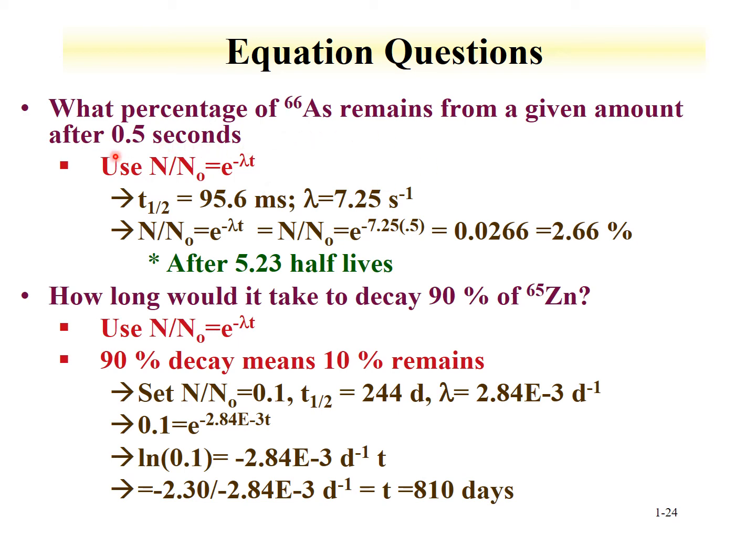So half a second, get my decay constant. The half-life of this isotope is 95.6 milliseconds. Convert that to seconds. My decay constant is 7.25 inverse seconds. E to the minus 7.25 times half a second is equal to 0.0226.